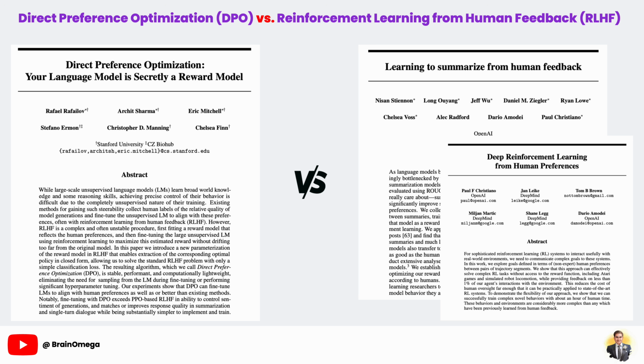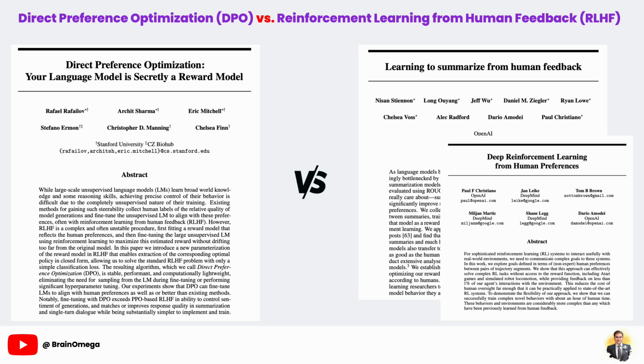Second, you use that reward model as a judge in a complex reinforcement learning loop. Your language model generates text, the reward model scores it, and you use algorithms like PPO to nudge the language model's policy toward generating higher scoring text. This process works, but it's a beast to manage.